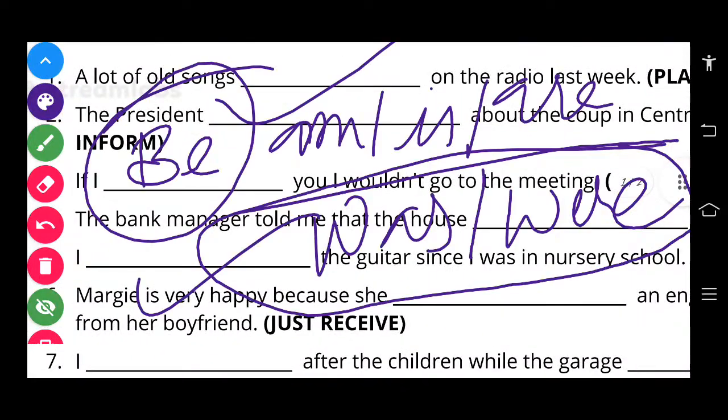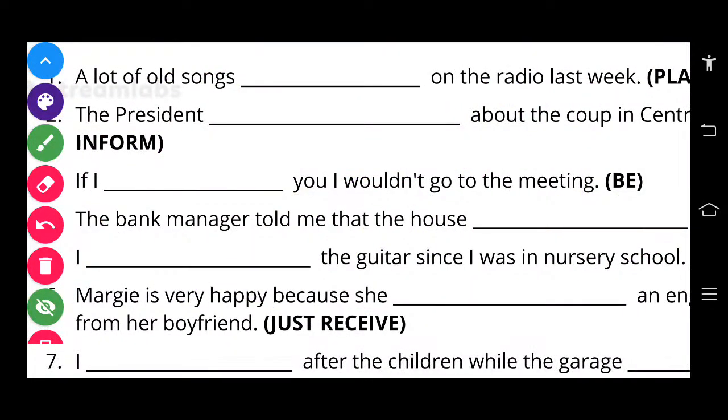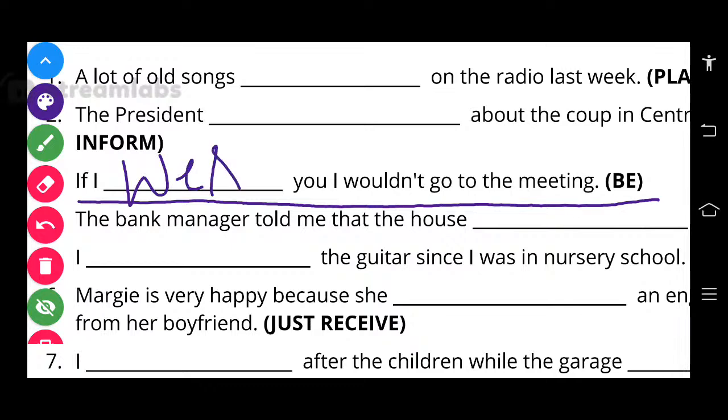In the conditions we have learned, it is the unreal condition. In the unreal condition, after I, we have to use I were. If I were you, I wouldn't go to the meeting. It's an if condition, a second condition, unreal condition. Very nice of you.